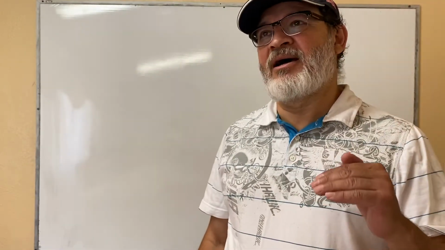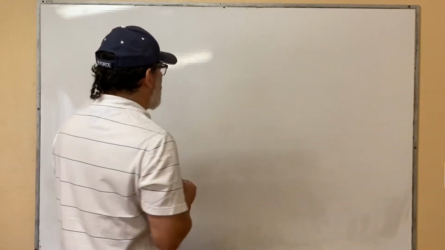Let me start with the 30, 60, 90. So let's draw a triangle.